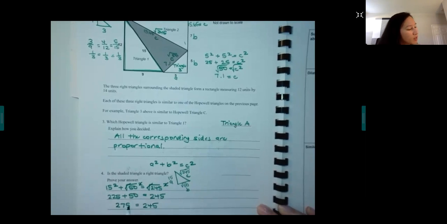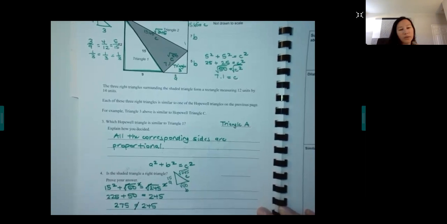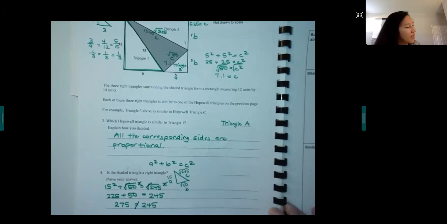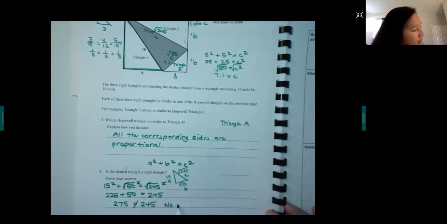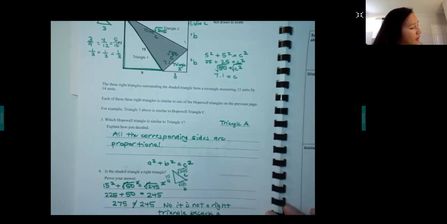So a squared plus b squared does not equal c squared. So then we know that no, it is not a right triangle, because a squared plus b squared does not equal c squared.